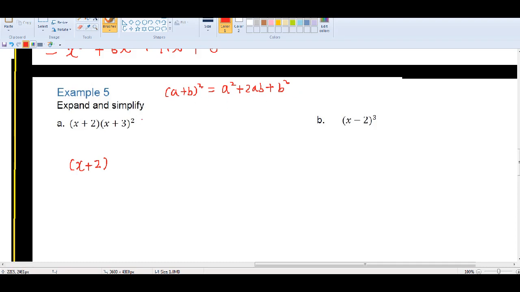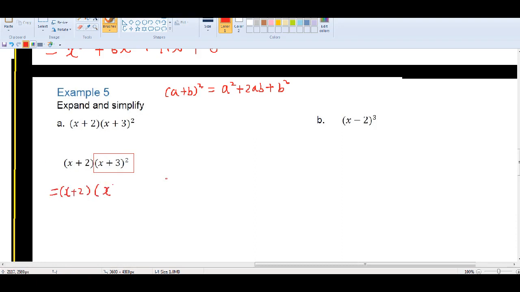You could do that by FOIL, as I said, but this is just quicker. That's why for this one we are going to do the square first, because we have a special identity for it.